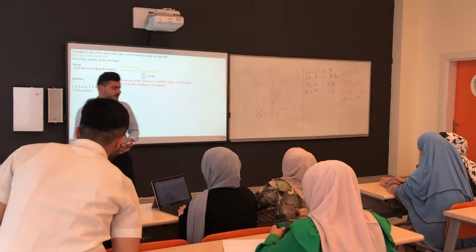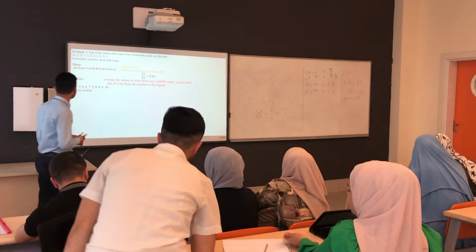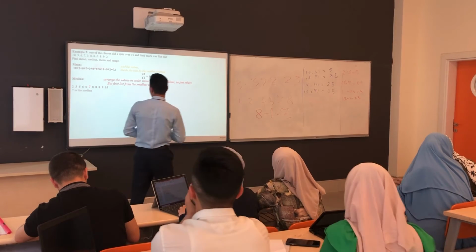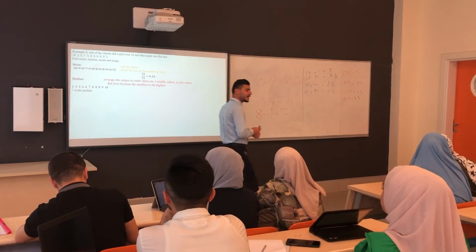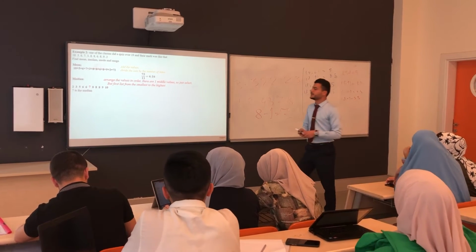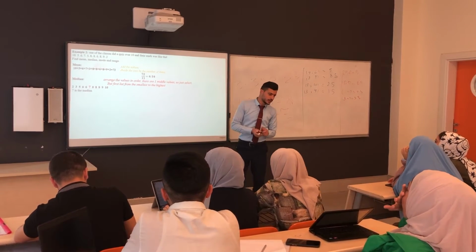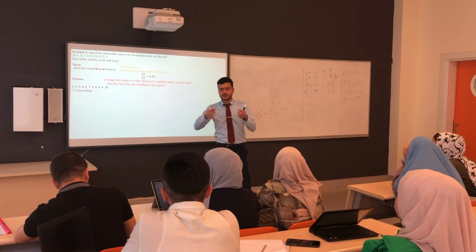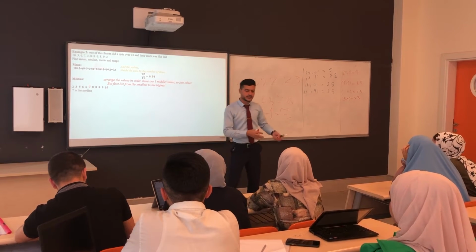Okay? For the median, don't worry. And don't forget, for the median, you have to arrange them from the smallest number to the highest number. If you have an odd number, our problem will be easy. But if you have an even number, you have to add the two middle ones and divide by 2.